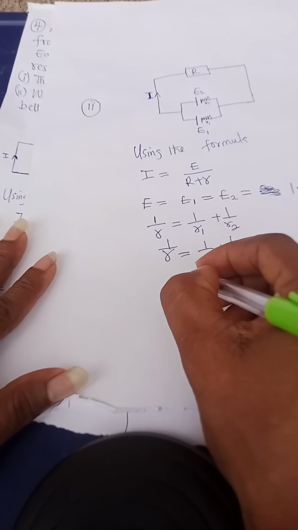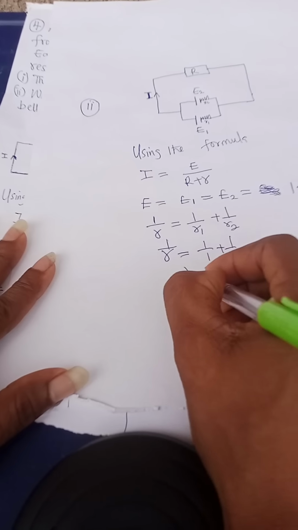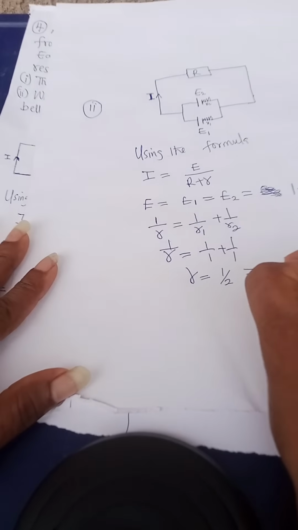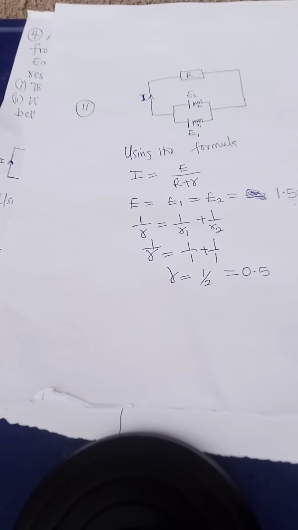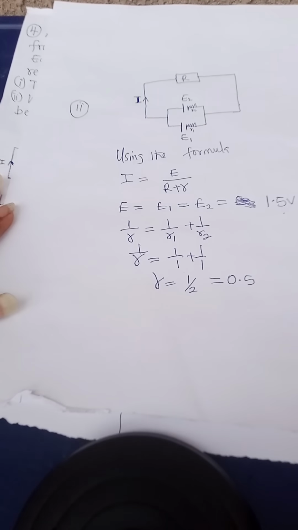So if you solve this, you have that your r is equal to 1 over 2, which will give me 0.5, okay? So this is my internal resistance.